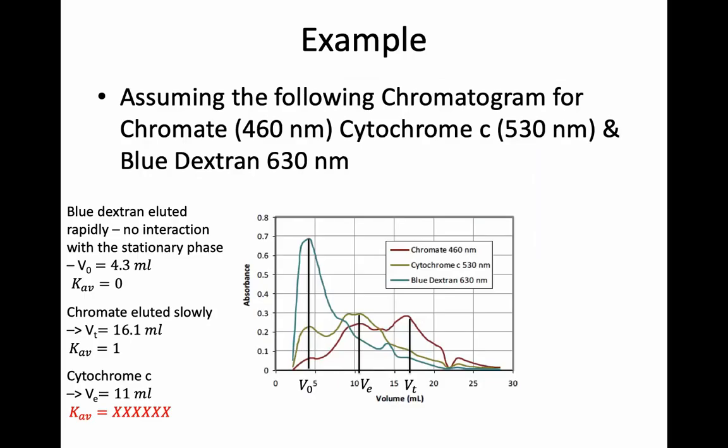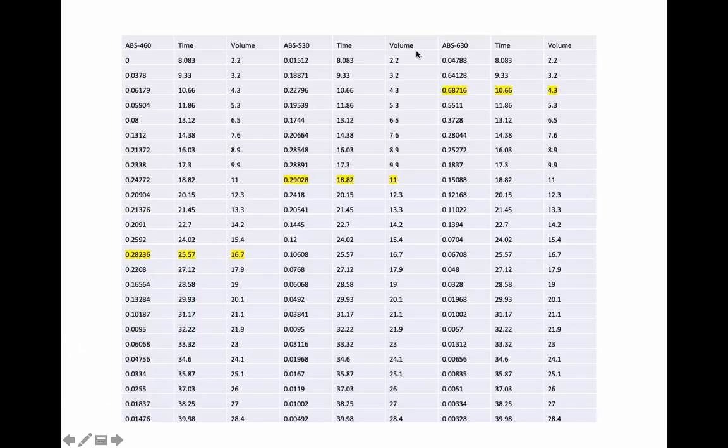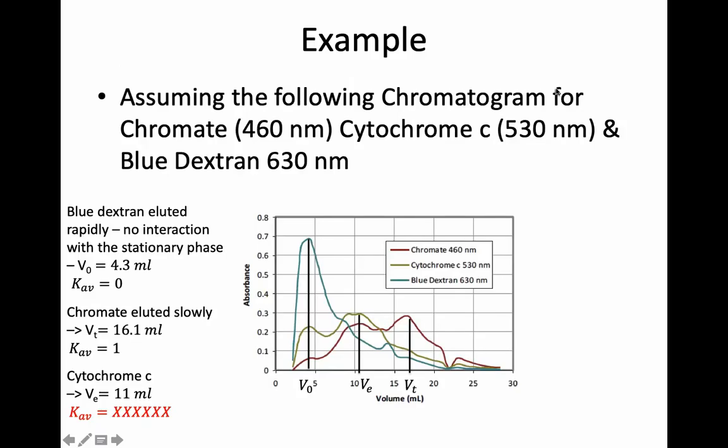So we can use this. This is an example of the plot that you're going to make using those data. This one is your blue dextran, which has a maximum of absorbance at 10.66 minutes, volume 4.3.